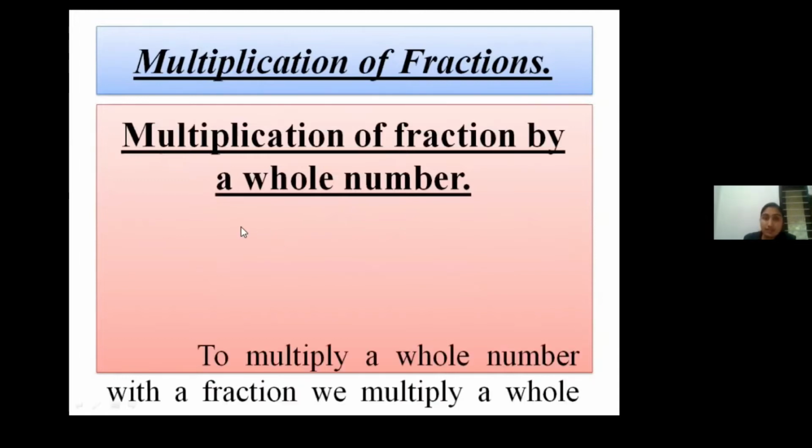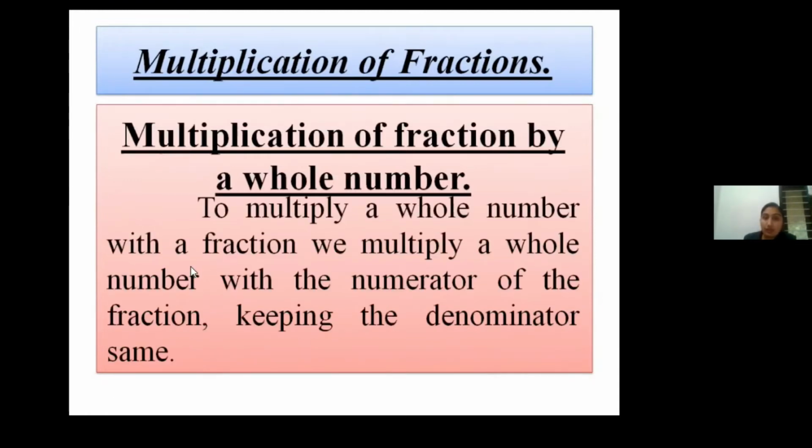To multiply a whole number with a fraction, we multiply the whole number with the numerator of the fraction, keeping the denominator the same.